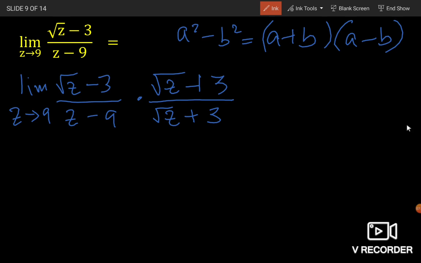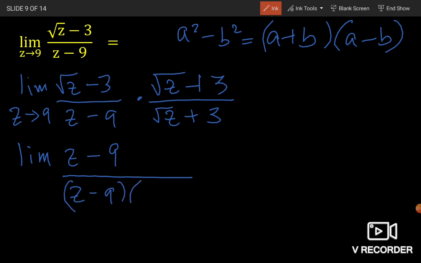So we get the limit of the square of the square root of z, which is just z, minus the square of 3, which is 9. So the whole expression is the difference of two squares, z minus 9, over z minus 9 multiplied by the quantity square root of z plus 3 as z approaches 9.